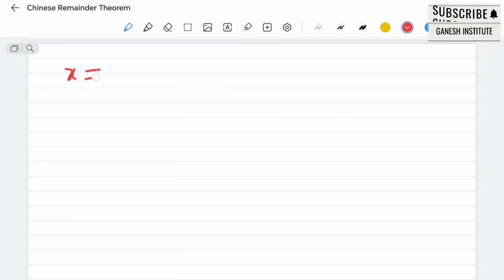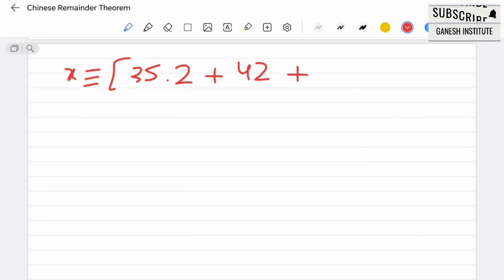Our x becomes 35 times, and 35 inverse modulo 3 was 2, plus 21 times 21 inverse modulo 5, which is 1, so I'm not writing 1, plus 15 times 3 is 45, and 15 inverse modulo 7 was again 1. And then outside was modulo 105.